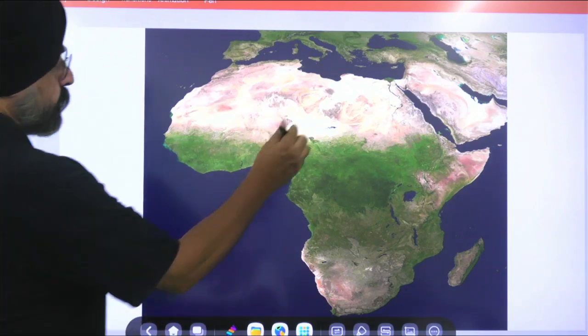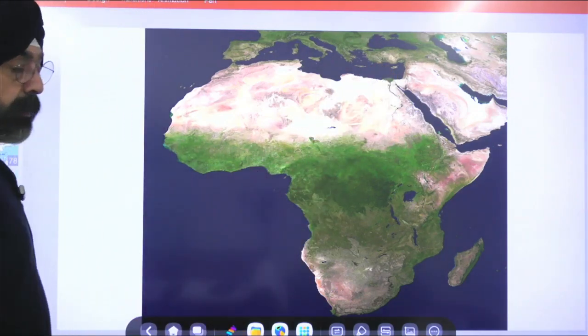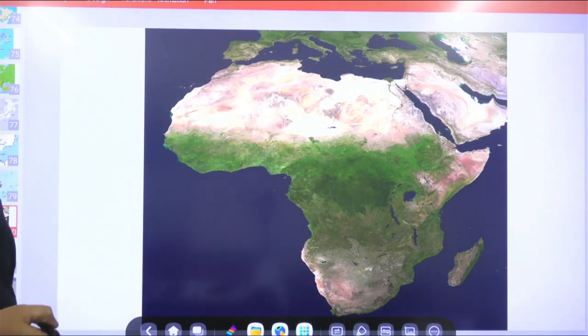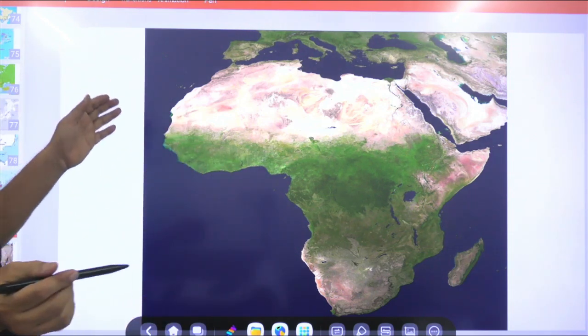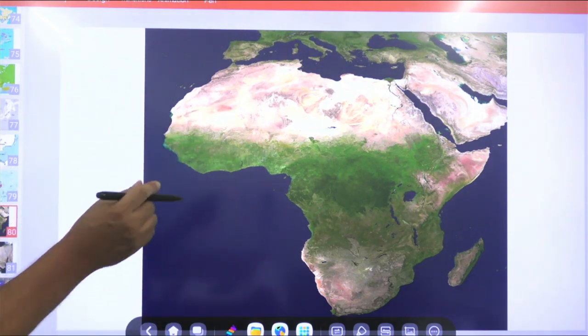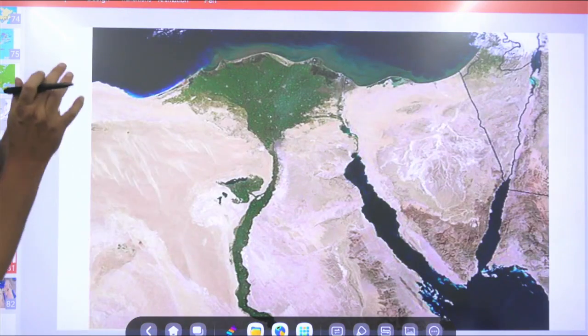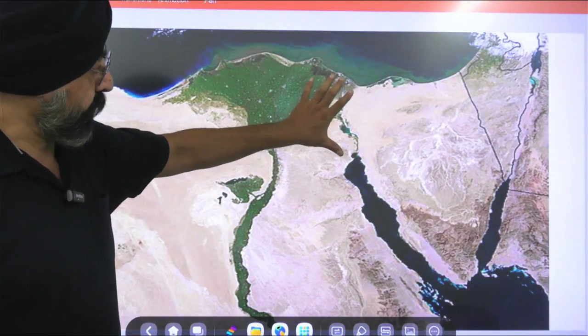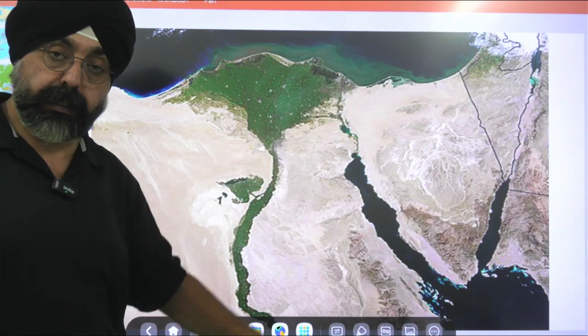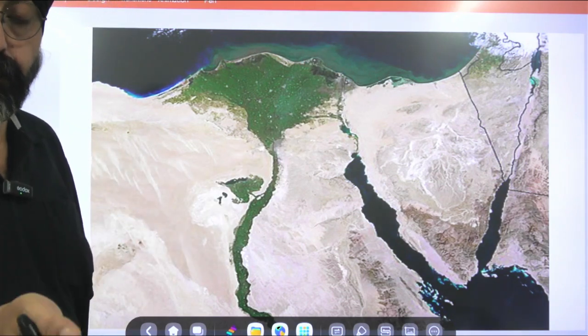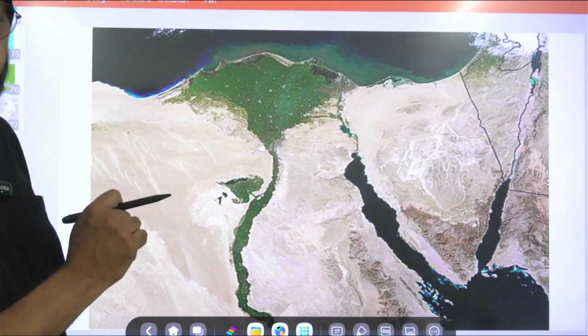Now this is the Suez Isthmus, connecting Africa and Asia and separating the Red Sea and the Mediterranean Sea. That's a close-up of the Suez Isthmus. You can see an isthmic canal, the Suez Canal, that was developed between 1859 and 1869.